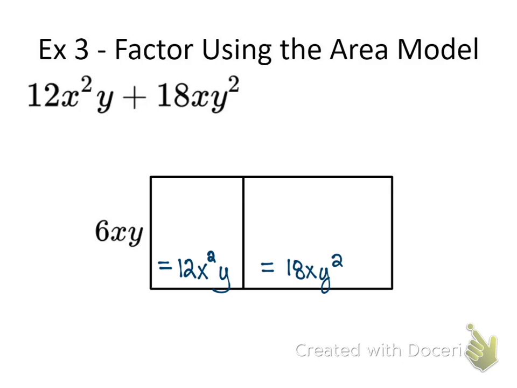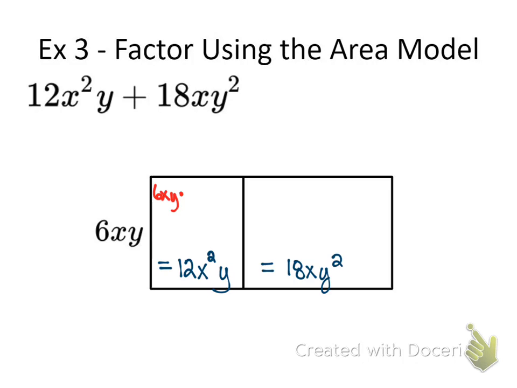Now, this represents what? The height. So if I know the height of this rectangle here, I'm going to go ahead and fill that in. What don't I know about this rectangle, Logan? I know the height, I know the total area. What don't I know? The length.